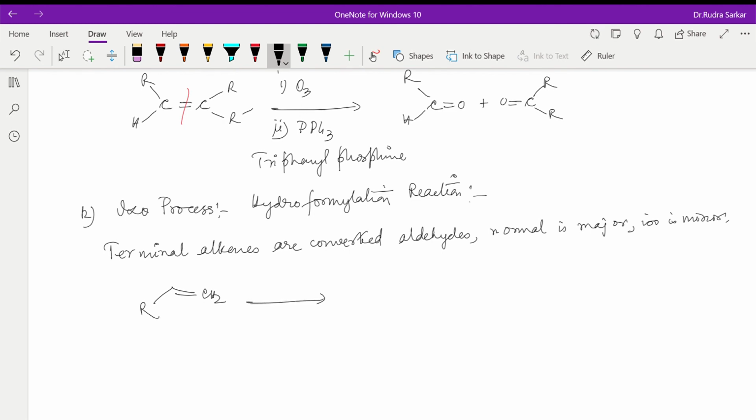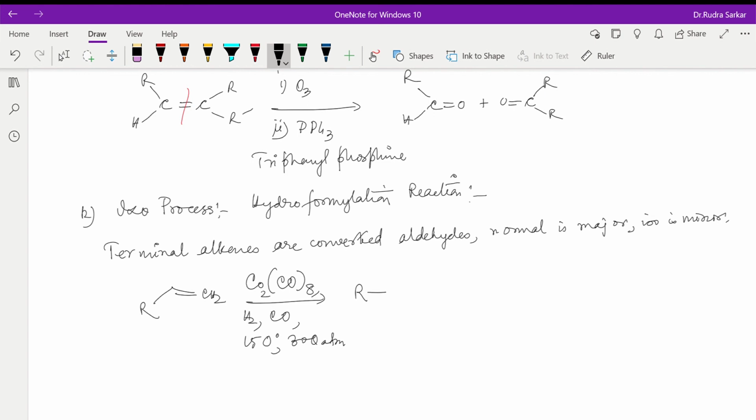Now suppose the catalyst over here is Co2(CO)8. Co over here is cobalt, but CO in capitals is your carbon monoxide. Need some hydrogen, additional CO at a temperature of 150. Not really necessary to remember these conditions, but at least what the reagent or the catalyst is, one should remember.